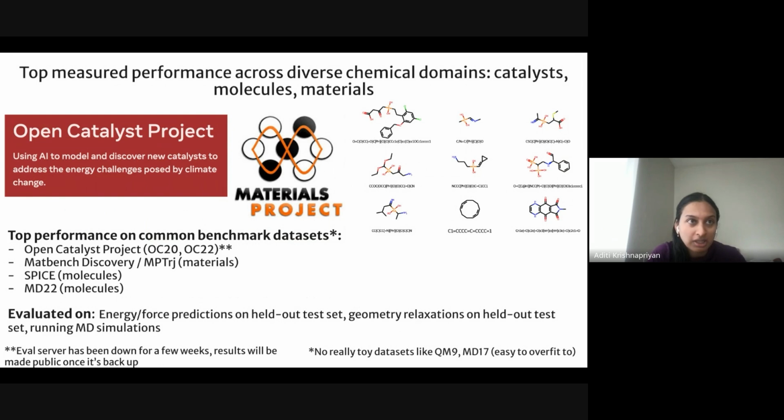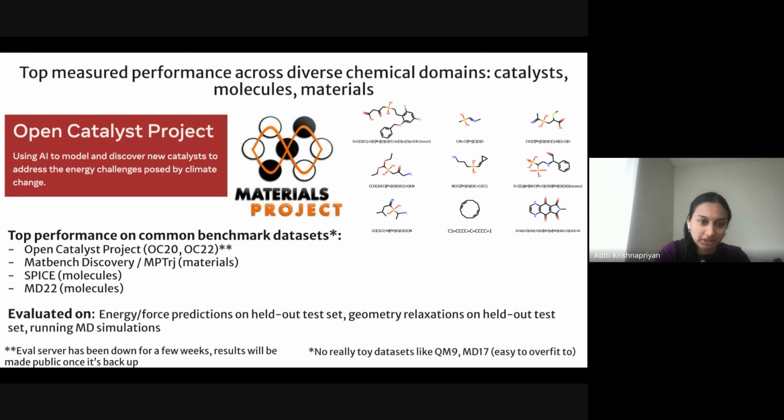So the model, we did a lot of evaluations on a lot of different diverse data sets. One thing is that some of these data sets like MD17 and QM9 are really easy to overfit to at this point, and they've been exhausted. So we tried to look at a larger set of more diverse data sets, and we were doing comparisons with the models themselves.